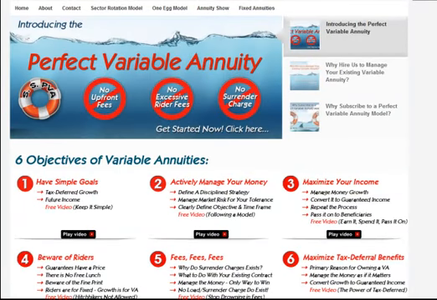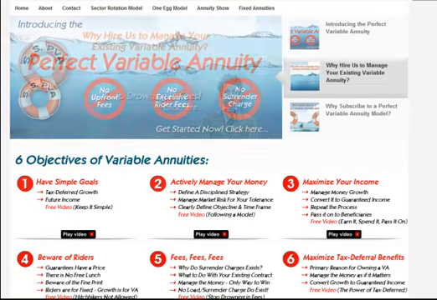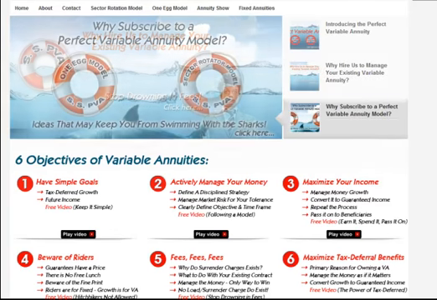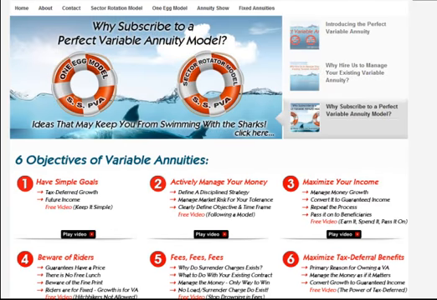Most variable annuities, and I emphasize the word most, not all, when you buy these riders, it's a 10-year rider. In other words, they're going to guarantee you, let's say 5% or 6% for 10 years. How does that work? I'm just going to use $500,000.